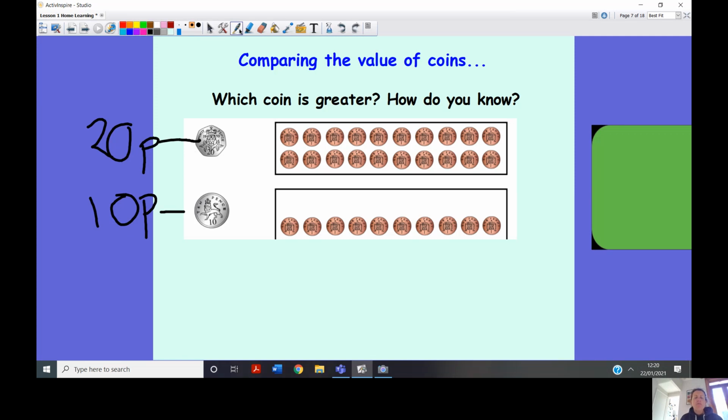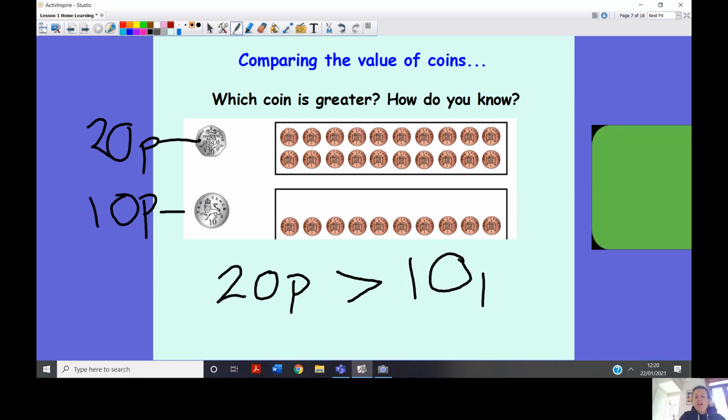So if we were going to use one of our greater than and less than statements, we would write it as this. 20p is greater than, we remember, the hungry crocodile is always going to be eating the larger number, 10p. And the reason we know that is that there are more pennies in 20p than 10p. It's valued, it's worth more money.